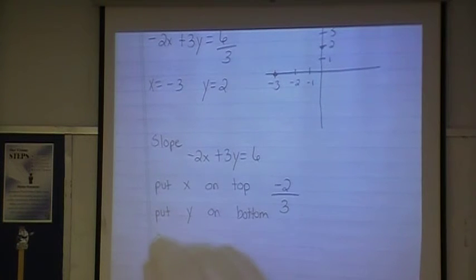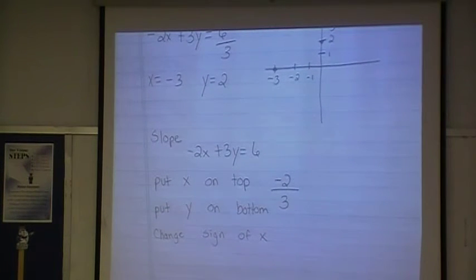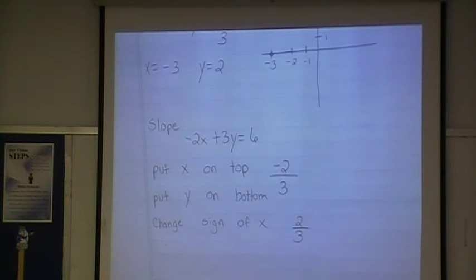Then change the sign of x. So it goes from a -2 to a +2. Put the x on top, you put the y on the bottom, change the sign of x, and the last thing is you always check it.